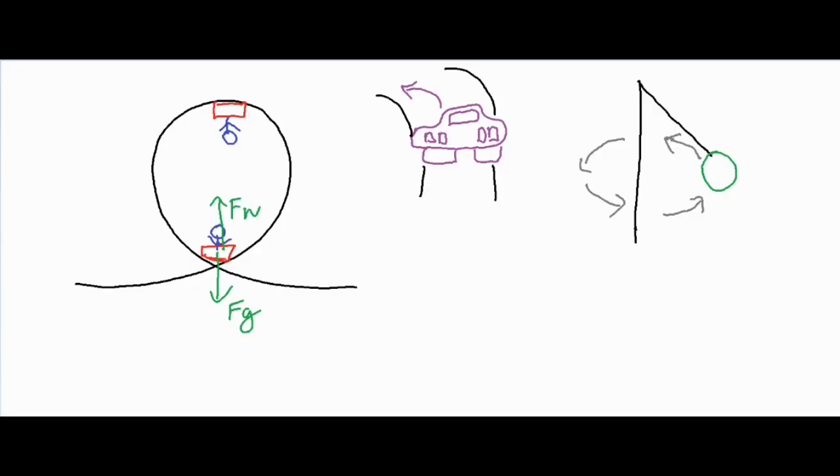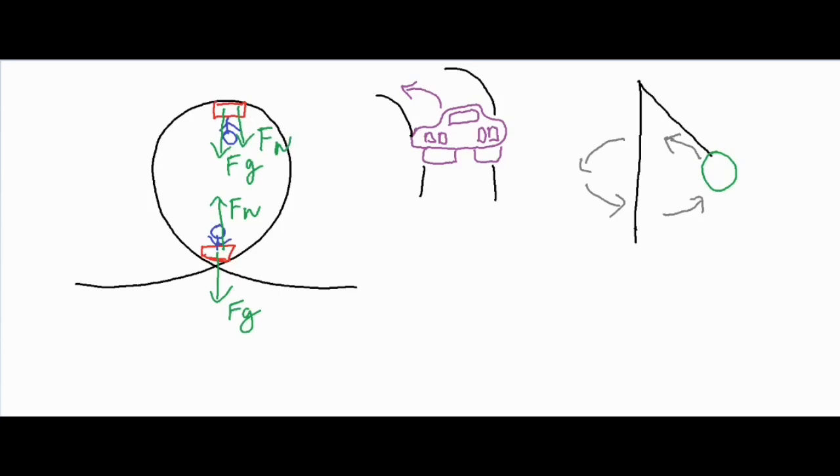That normal force is the seat applying a force upward in the perpendicular direction, and the force of gravity is a pull down by the earth. Now, if the person is at the top of the loop, they still have a force of gravity because they're still pulled down by the earth, but their seat is facing downwards, so they have a normal force also pointing downwards because that is the perpendicular force being applied by the seat.